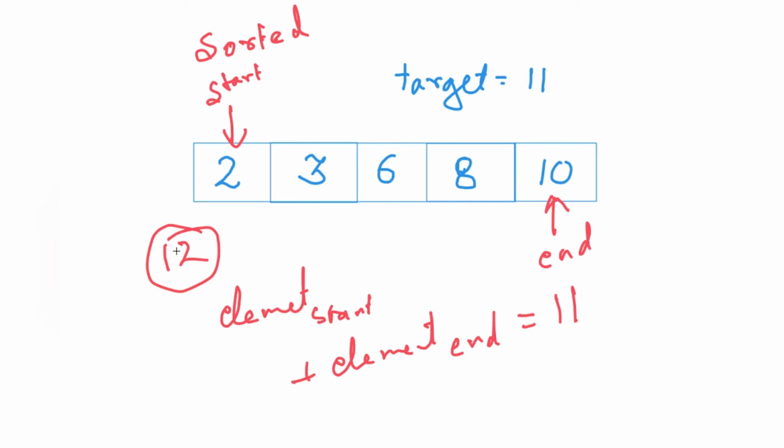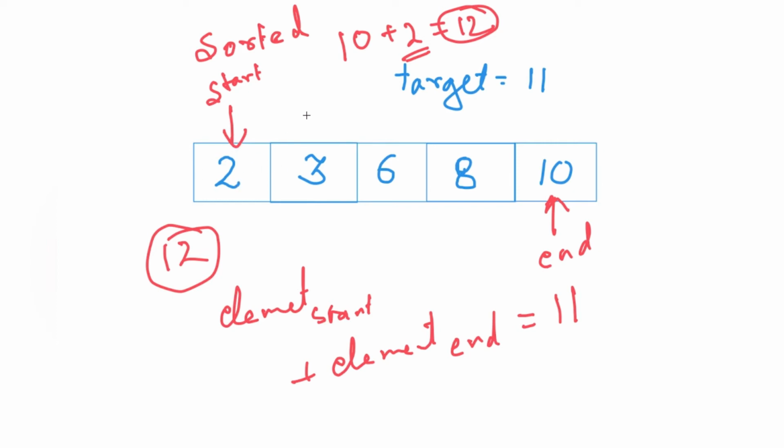Why am I saying that you have to take something lesser than 10? Because 10 plus 2 is 12, right? If you take any other element in the array to replace this 2, the value will always be greater than 12. Why? Because the array is sorted, right?